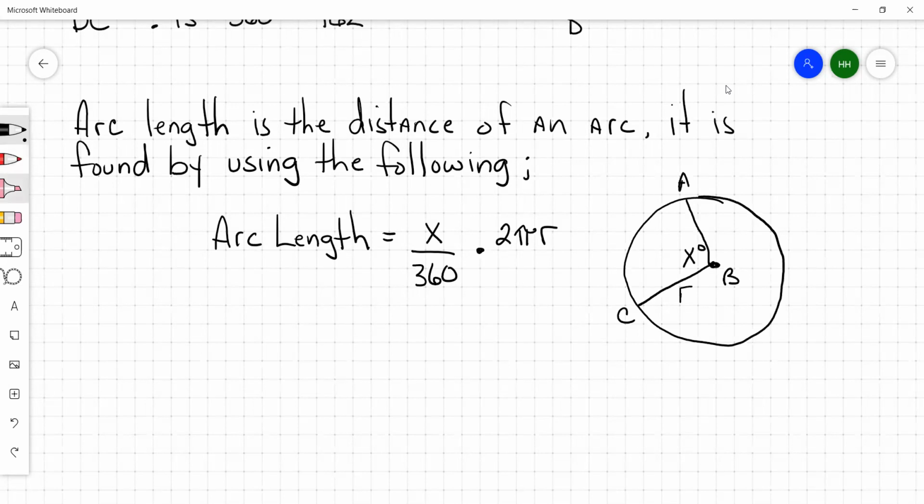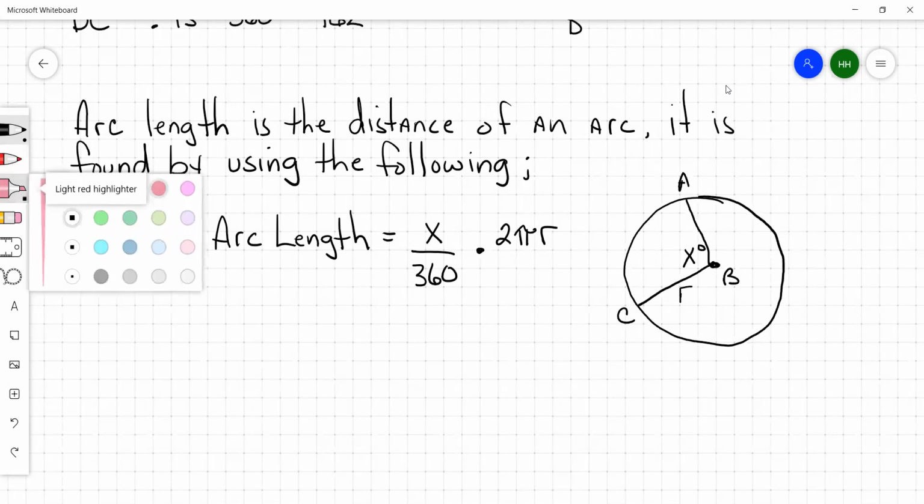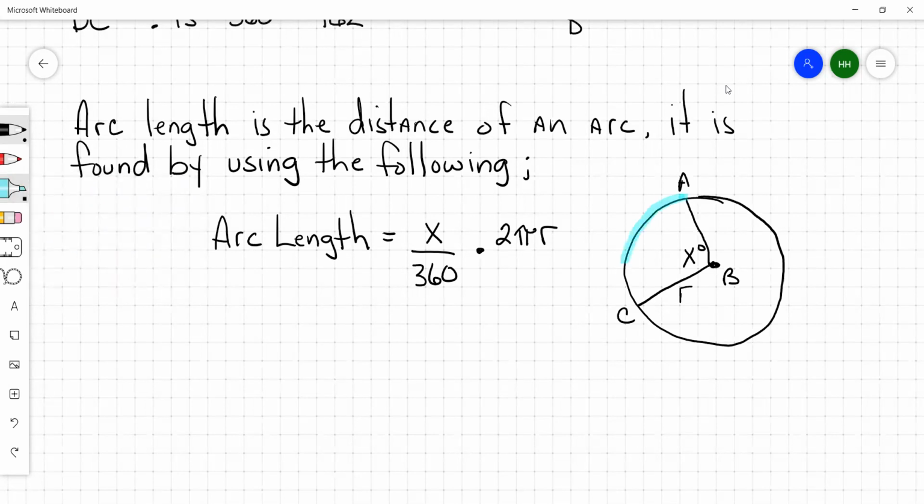The length of this arc, right here, arc AC, your arc length, is equal to your central angle measure divided by 360 times 2 times pi times r, r being the radius.